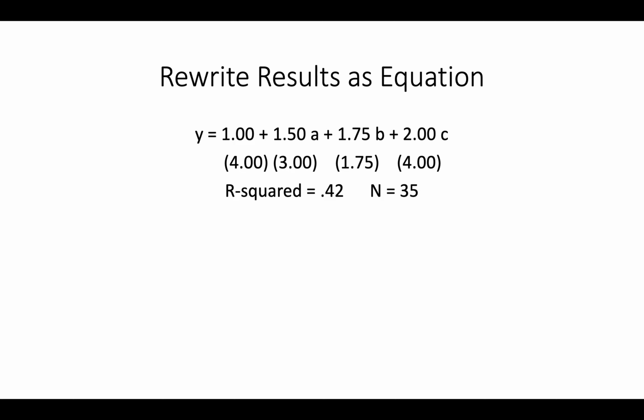Our first step is to rewrite the results as displayed in the table as an equation. We do this in order to make mathematical sense of the regression analysis. As you may be able to tell, the equation itself is made up of the y-intercept and the slope coefficients, and they are correctly signed, all positive.